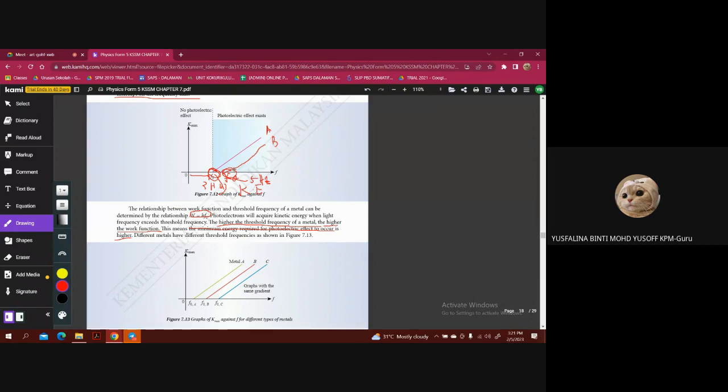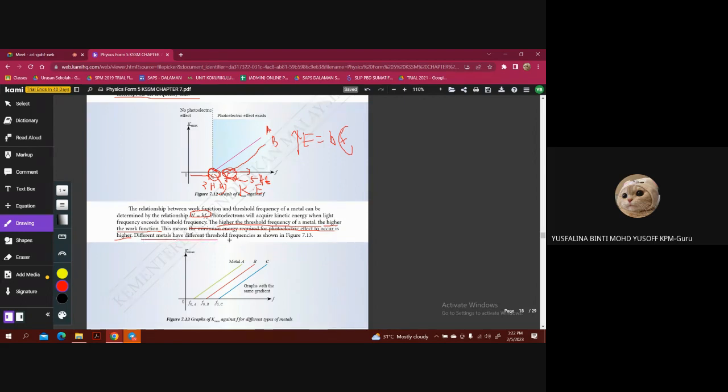It means it will need more energy for the photoelectron to move, meaning more kinetic energy, because E equals hf, right? So the higher the frequency, the higher the energy. This means the minimum energy is higher.